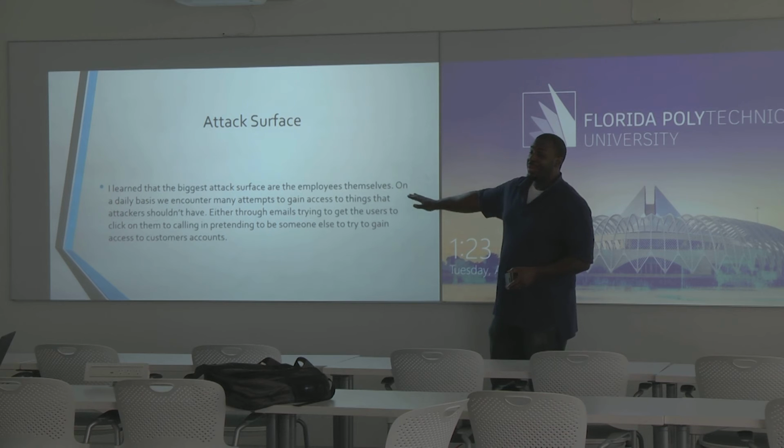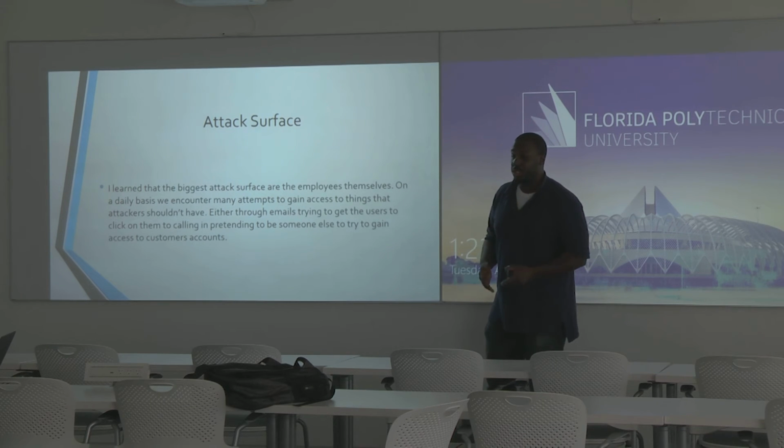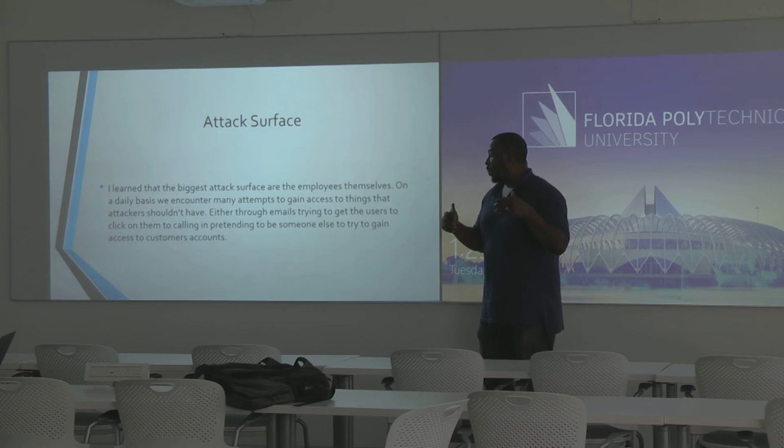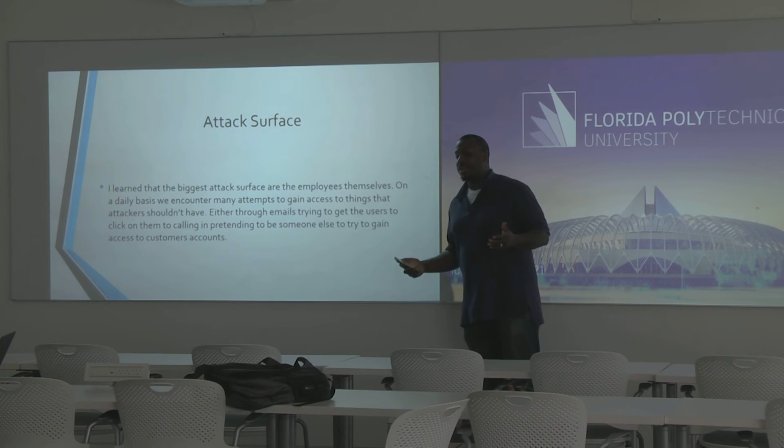I learned the biggest attack surface is users. Common sense isn't as common as you think. Many times, it's just random emails being sent to people, links that are being clicked that shouldn't be. That's really what I saw most at this company.